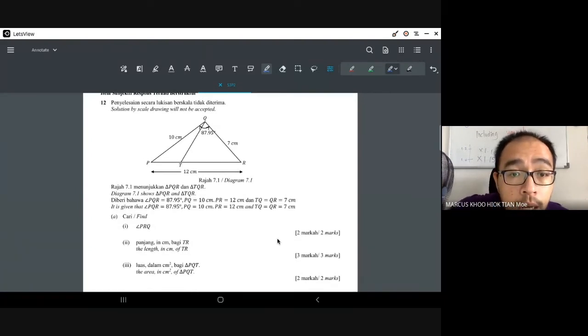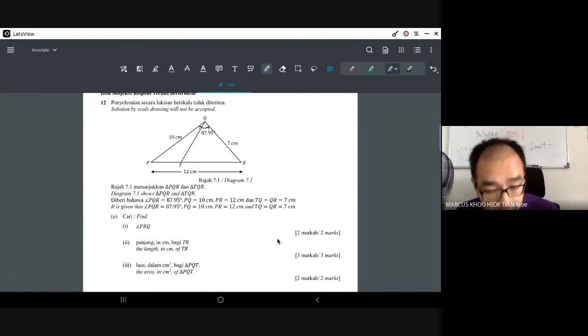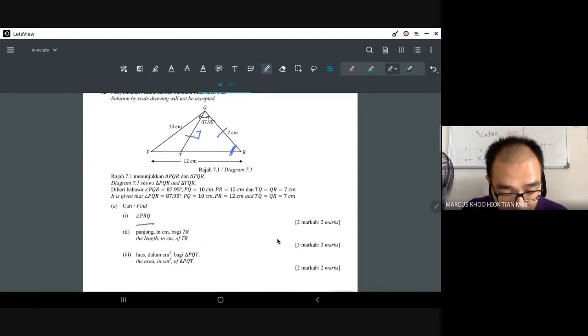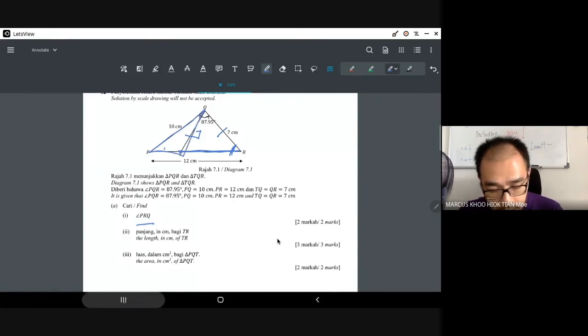TQ and QR is 7. So that means this is an isosceles triangle. Find PRQ. PRQ over here. This is easy. Find the length of TR. Here only. Okay. And then find the area of PQT. This one. Okay, let's go.